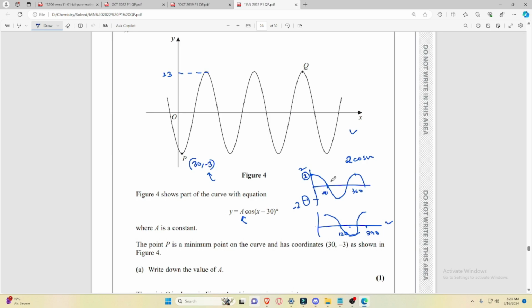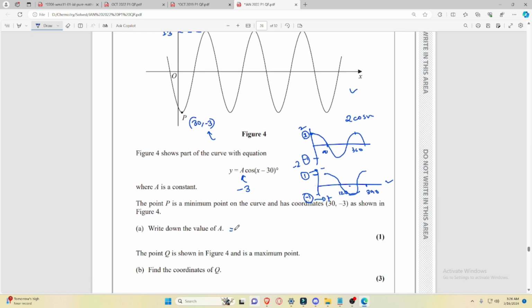Exactly the same way, when I multiply with a negative number, let's say this is 1 and -1, this part would become negative and this part positive, meaning they got flipped. So in this case, since it is -3 and +3, there are two criteria: the maximum point changed from 1 to 3, and the graph got flipped. So surely a negative number is multiplied. So the value of a is -3.